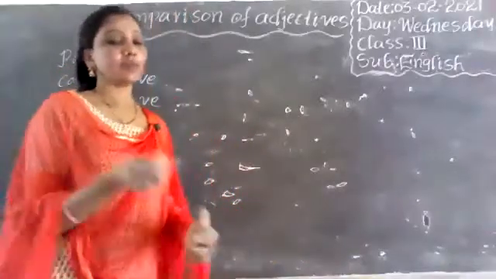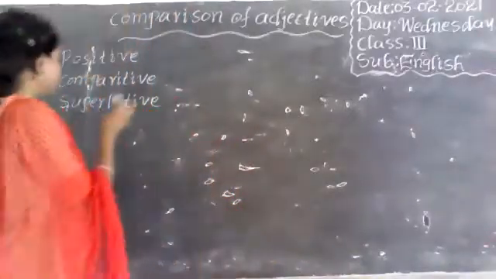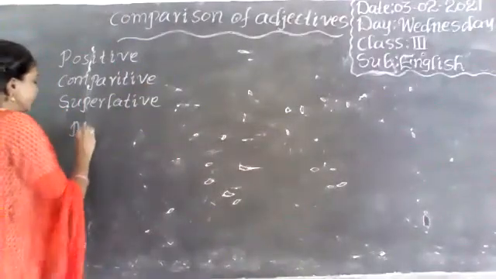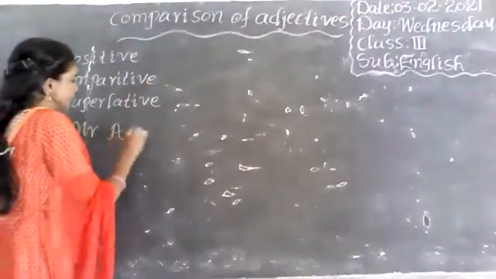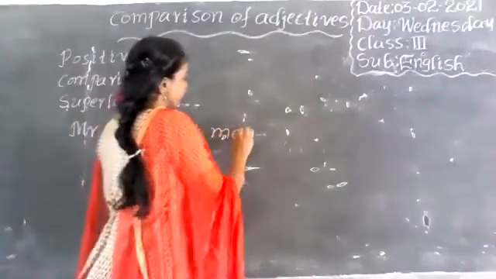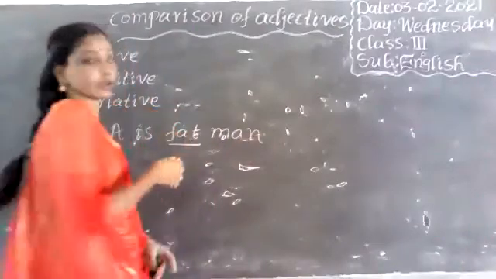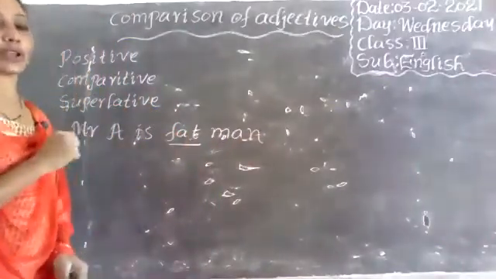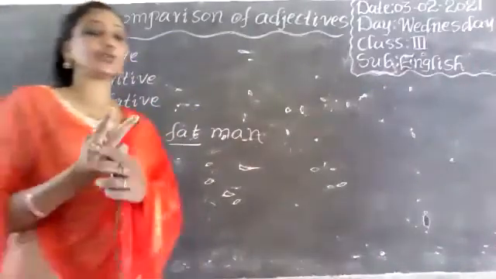Look at here. Mr. A is a fat man. One example I'm writing. So we see he is very fat. So now I'll compare two persons here.